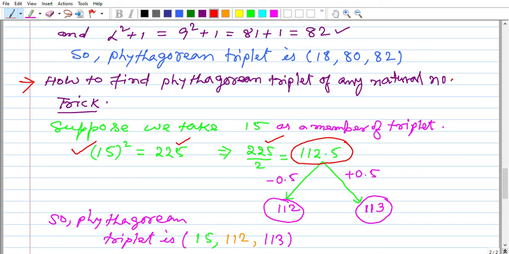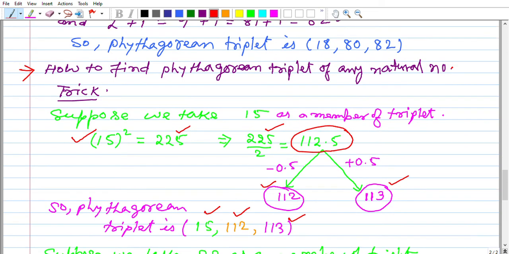You can write minus 0.5 and plus 0.5: 112 and 113. So the Pythagorean triplet is 15, 112, 113. Is it beneficial? I think all of you understand, my genius learners.